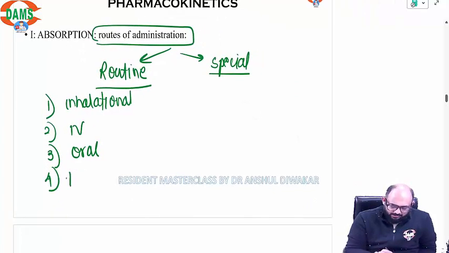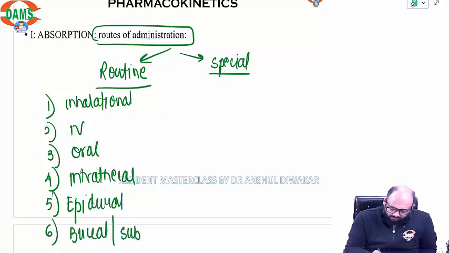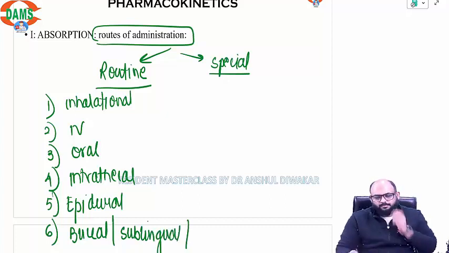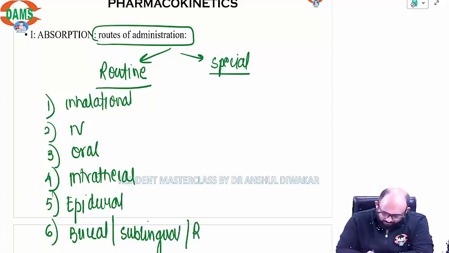Then you have intrathecal, epidural, buccal, sublingual, and rectal.